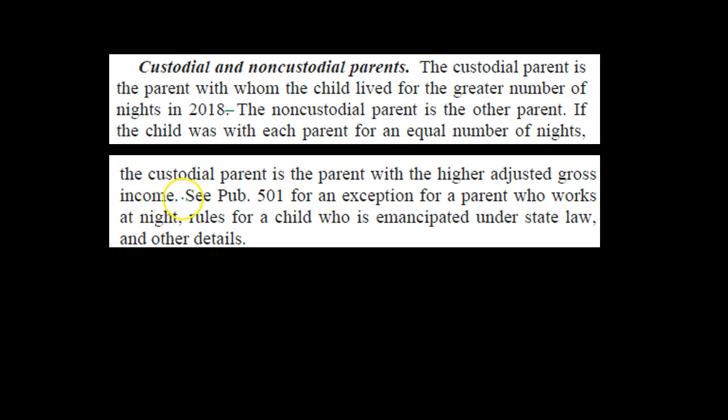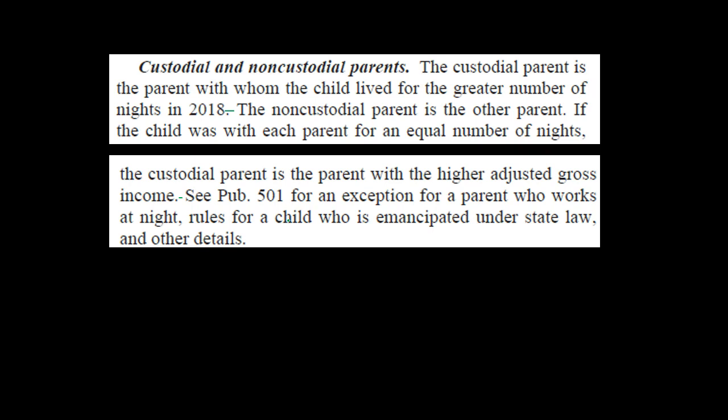Now you might think that's funny. Why would the custodial parent be the one with the higher adjusted gross income? Condition number one, the custodial parent is the one the child spends the most time with. That makes sense as the first condition. But then condition number two, the one that has the higher adjusted gross income.